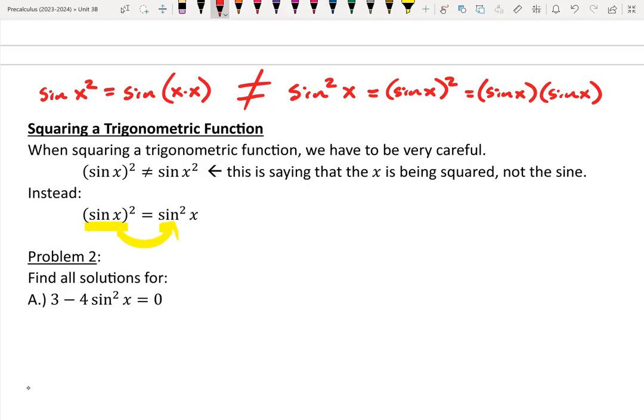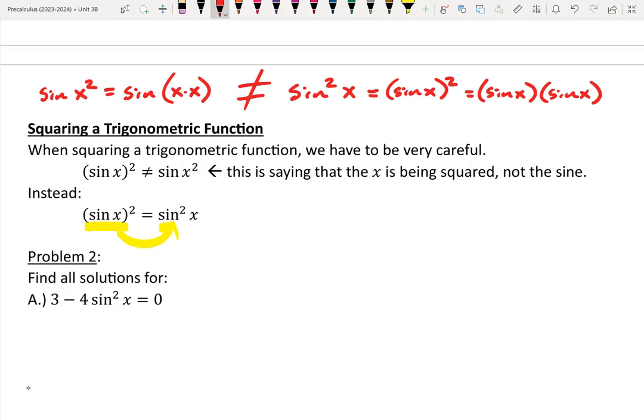Because if I put it after the angle, that means I'm squaring the angle, or the x, not the actual trig function. So, where we put the square is important. Don't misplace it. Because if you do, it would be incorrect.